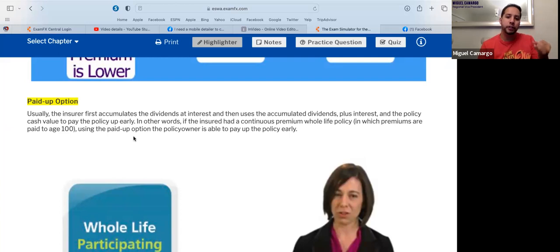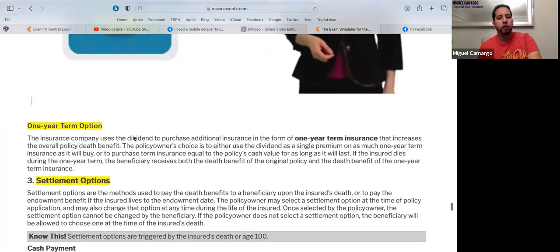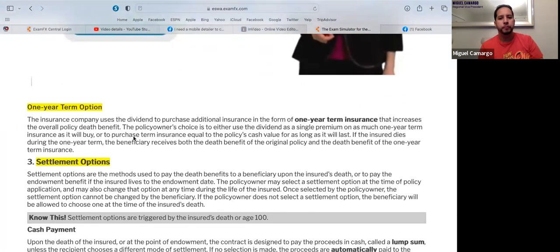So you're essentially using your dividends, your interest that you've earned, the cash value to hopefully pay your policy up so you don't have to make any more payments. So paid up option. And then the last one of that is called 1 year term, which simply says, hey, for whatever that dividend would buy me, buy me a 1 year term policy.